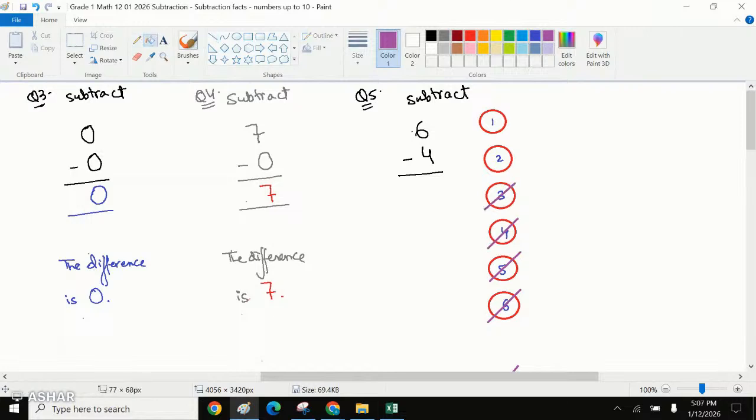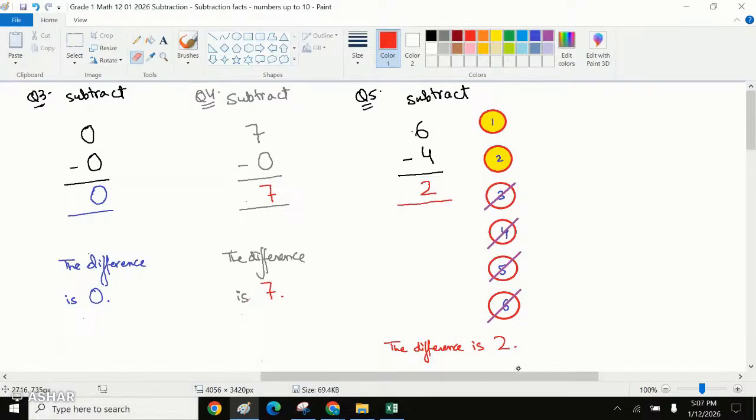So how many circles are we left with? We are left with 2. Agreed? So can I say that the difference of these two numbers is 2? Agreed? Yes, thank you.